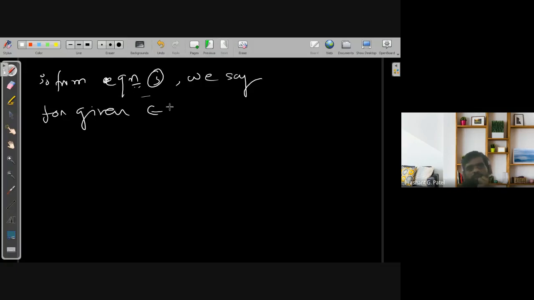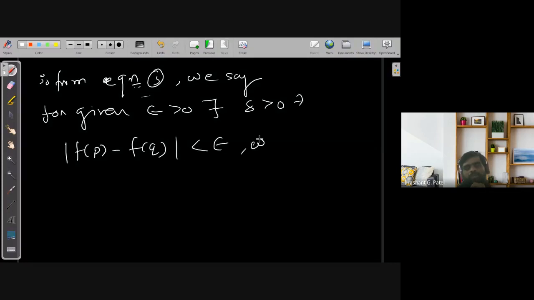Therefore, from equation 3 we say that for given epsilon greater than 0 there exists a delta greater than 0 such that the modulus of f(P) minus f(Q) is less than epsilon whenever the distance between P and Q is less than delta.